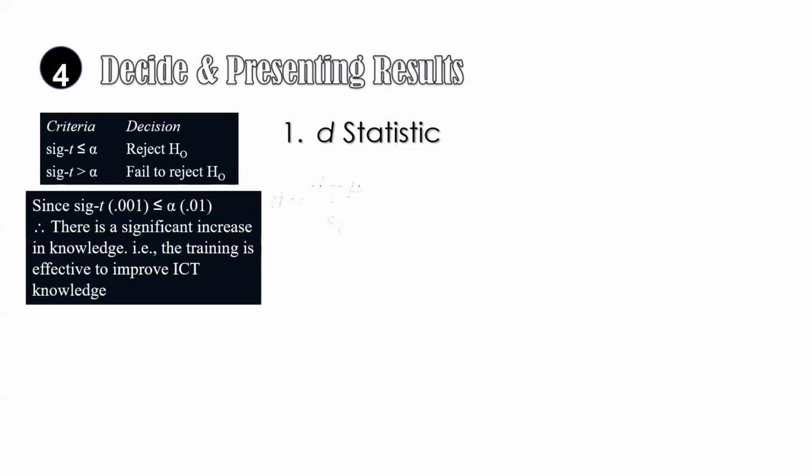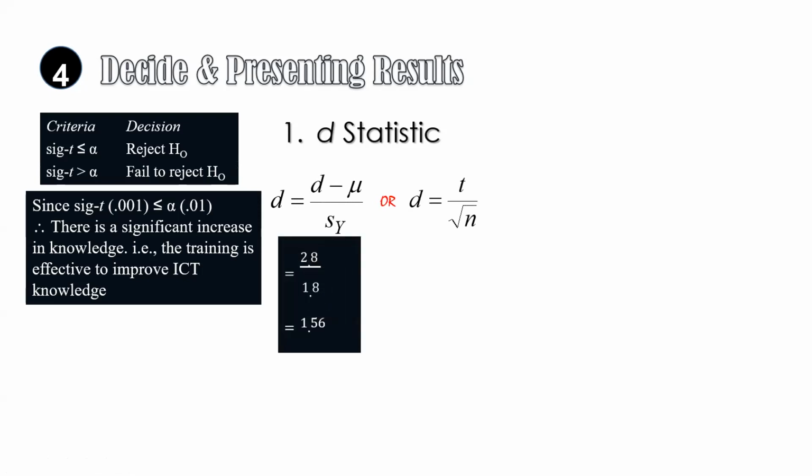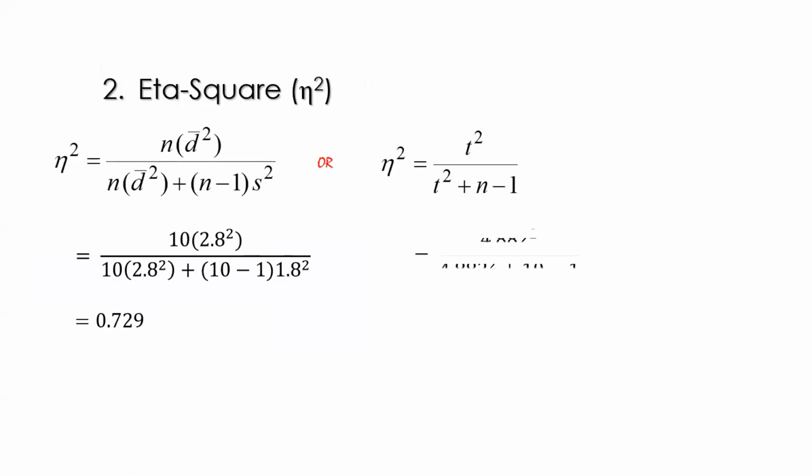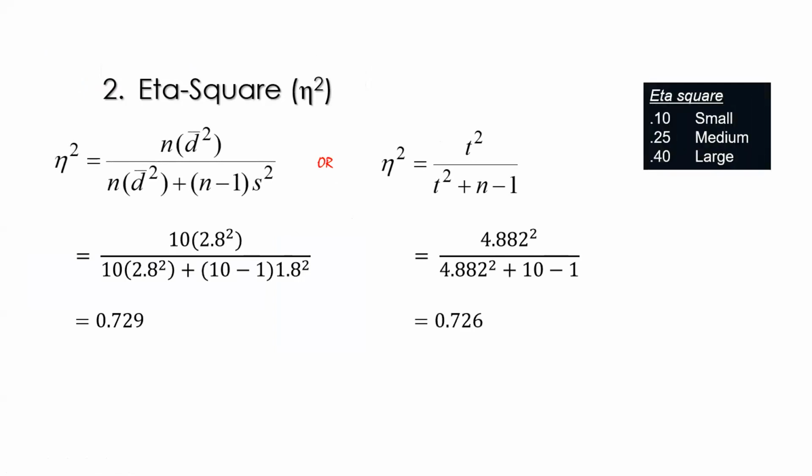For example, if you want to report the d statistic, you can just plug in the value into the equation, d minus mu, divided by standard deviation. Just this. Eta squared, actually you can request this.